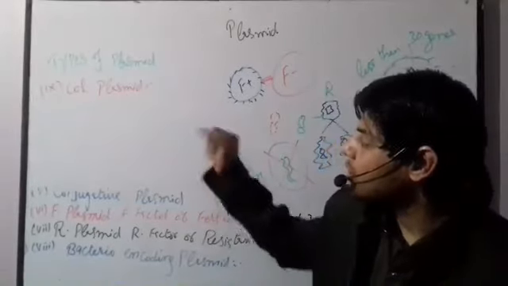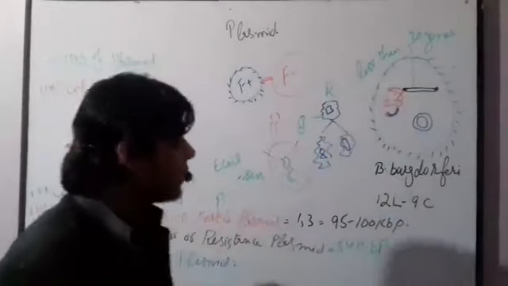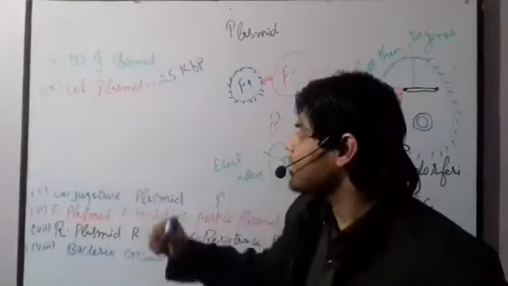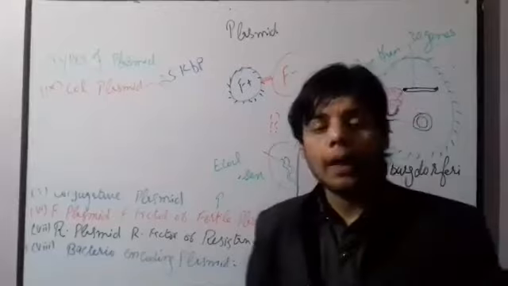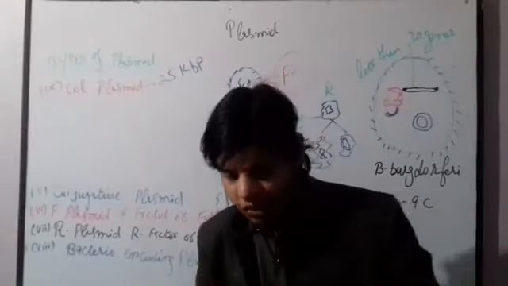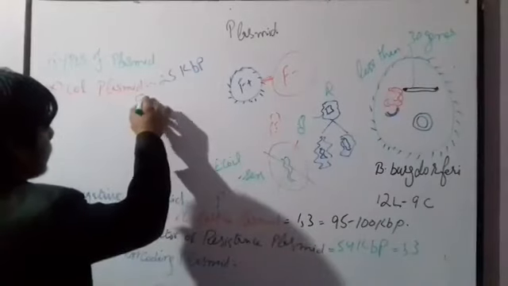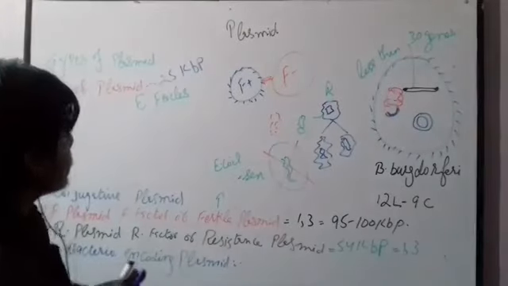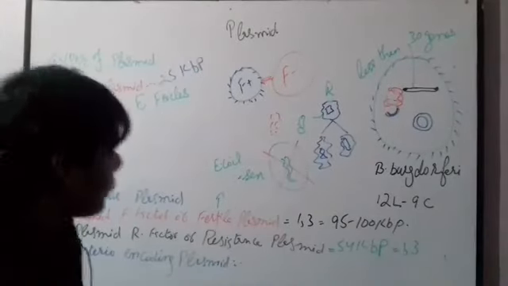The size of this col plasmid will be 25 kilo base pair. Such plasmids are usually present in Enterococcus faecalis. Okay, so let me write Enterococcus faecalis. Try your best to remove the spelling mistake by yourself.